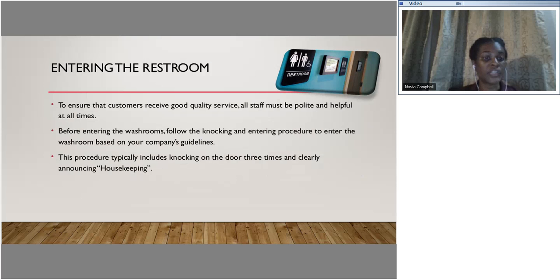Entering the restroom. To ensure that customers receive good quality service, all staff must be polite and helpful at all times. Before entering the washroom, follow the knocking and entering procedure based on your company's guidelines. This procedure typically includes knocking on the door 3 times and clearly announcing "housekeeping."